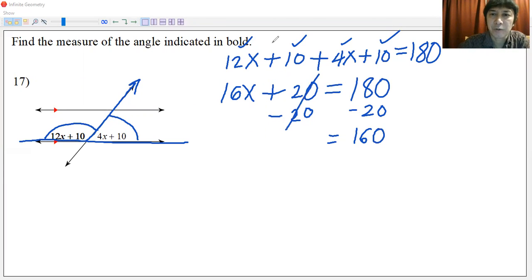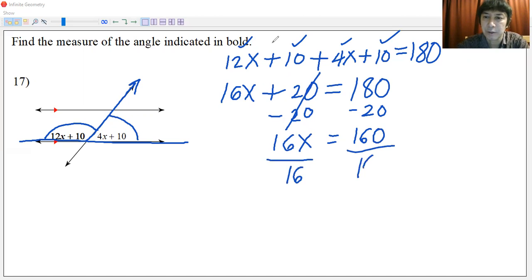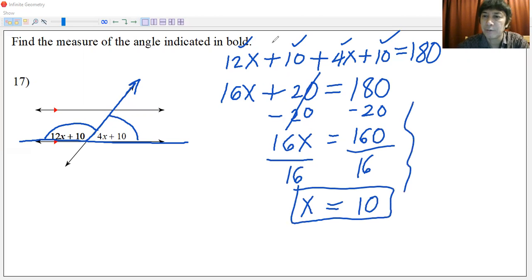This zeroes out, and we get 16x. Divide by 16, divide by 16. 160 by 16 is 10. That's only the value of x.